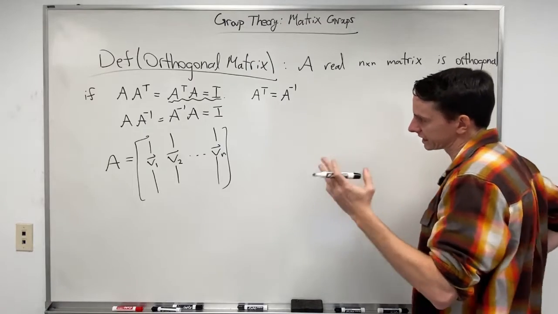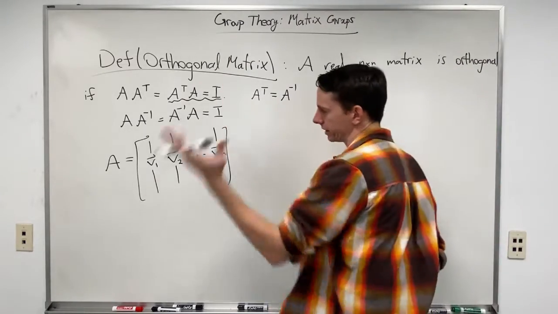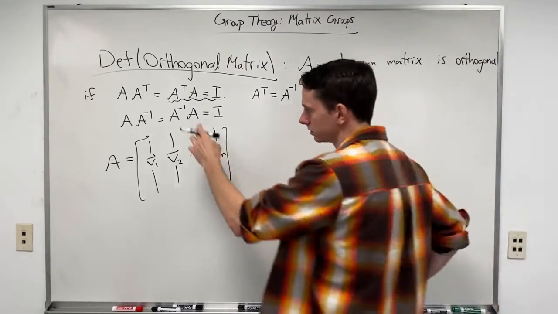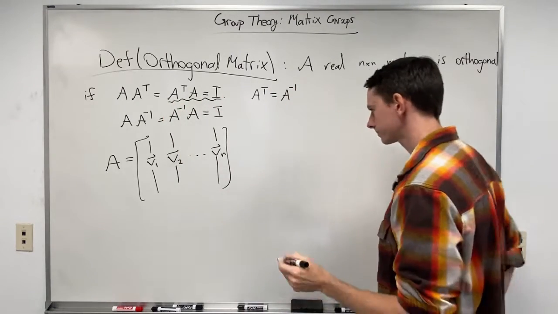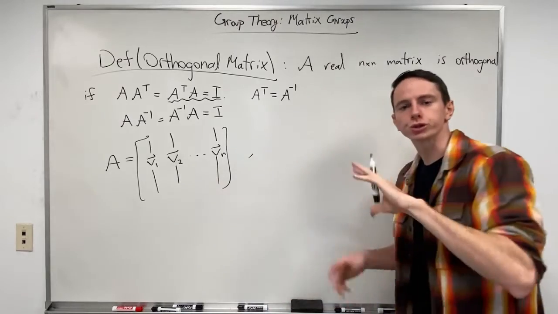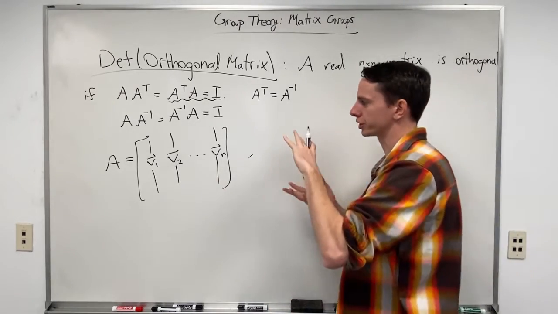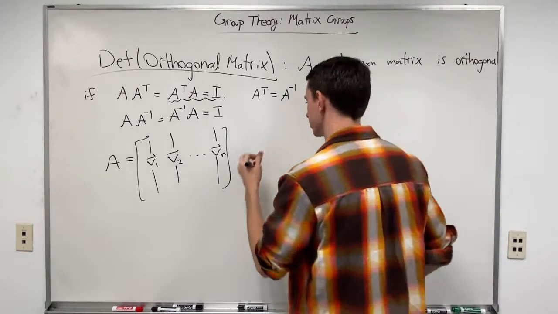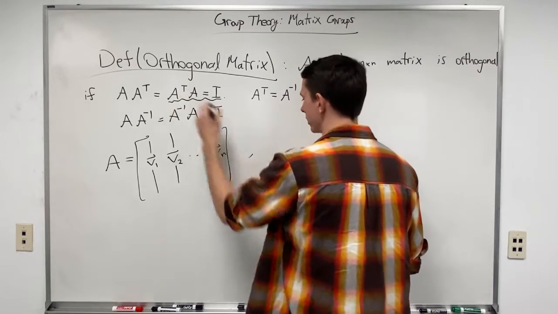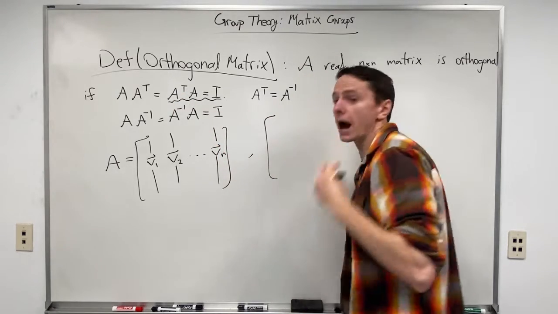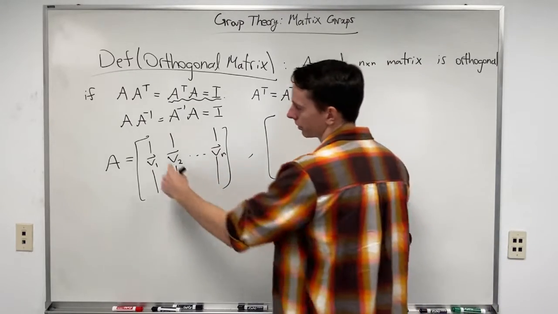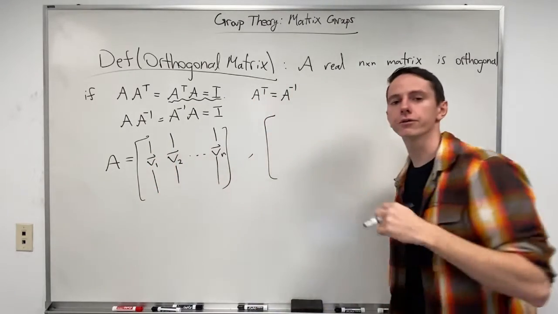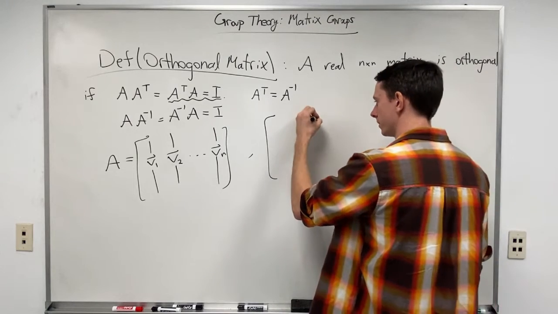Now, to see how orthogonality plays into this, let's look at the equation A transpose A equals I. We know that if we transpose a matrix, we are interchanging the rows with the columns. So another way of writing A transpose in this notation is, rather than calling the first column V1, we call the first row V1.